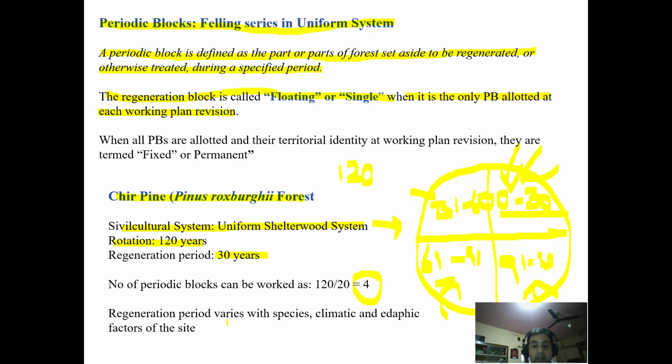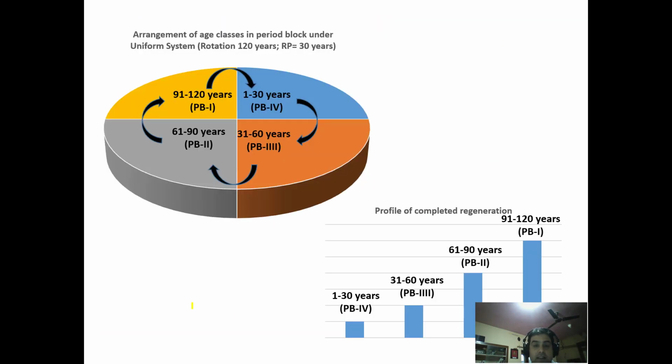The regeneration period varies with species, may be different for one species and different for another species, and with climatic and edaphic factors. Now you can understand, this is the arrangement in the uniform shelter wood system. The same has been explained here. 91 to 120 years, periodic block 1. This is periodic block 2, this periodic block 3, periodic block 4.